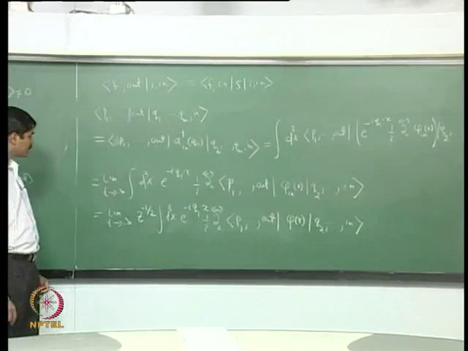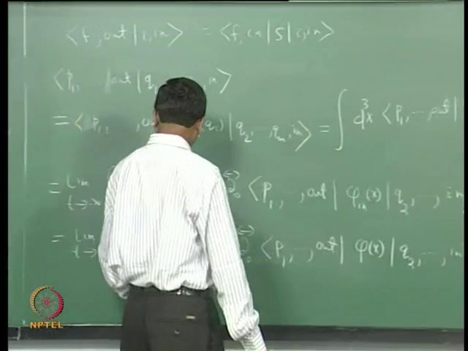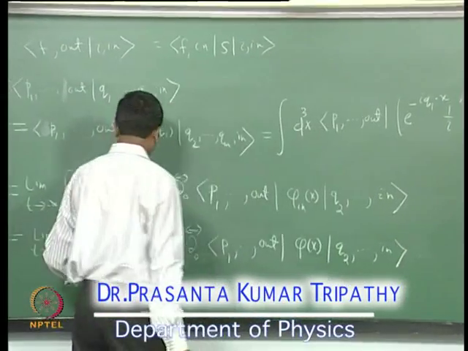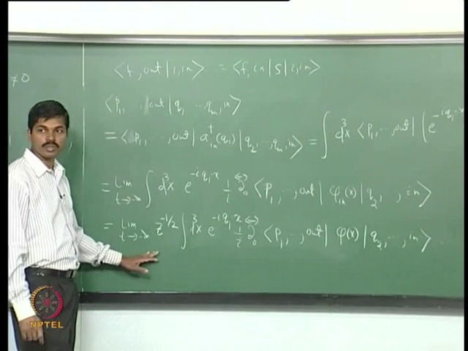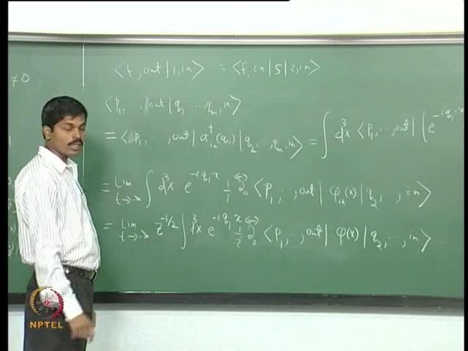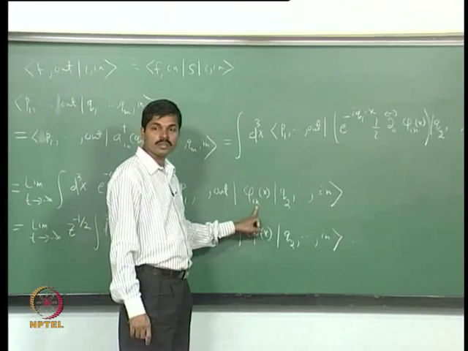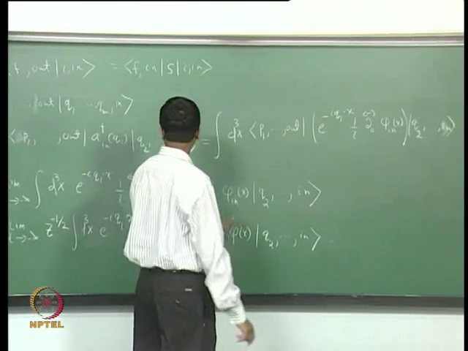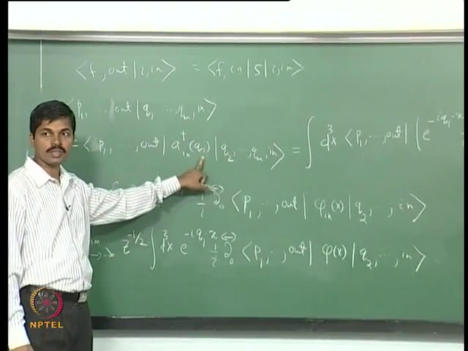Now, what you can do is, quite independently, you can consider this quantity here and take the limit t goes to plus infinity. If you take the limit t goes to plus infinity, instead of phi in, you get phi out, and hence instead of a in dagger q1, you get a out dagger q1.